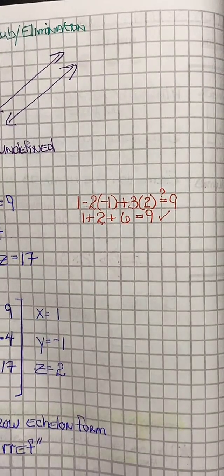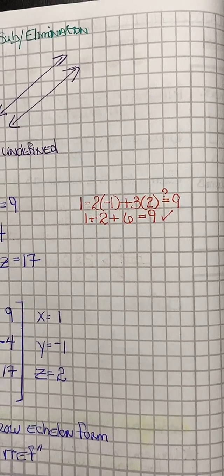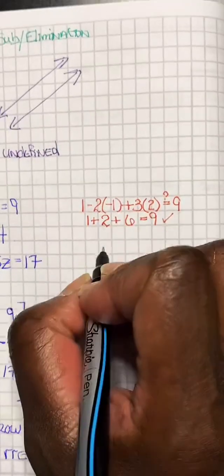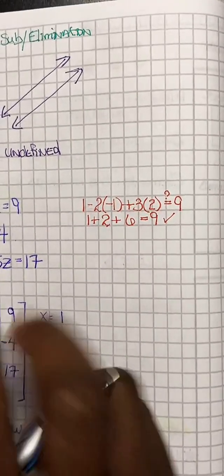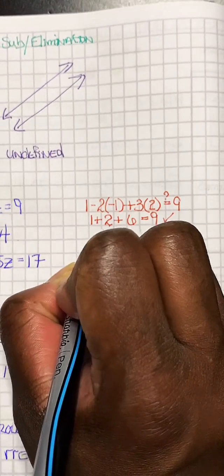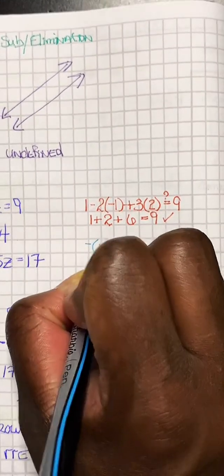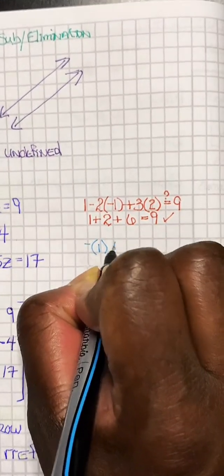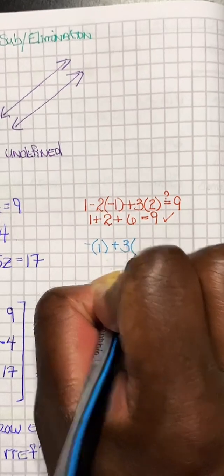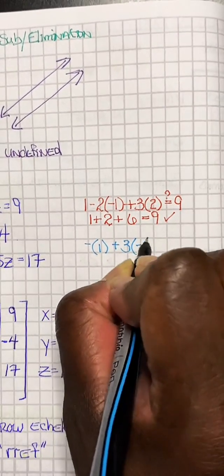So that works. Let's see if it worked for the second equation. I'll try to put another color. So we have a -x. Our x was a 1 plus 3 times our y. And our y was a -1.